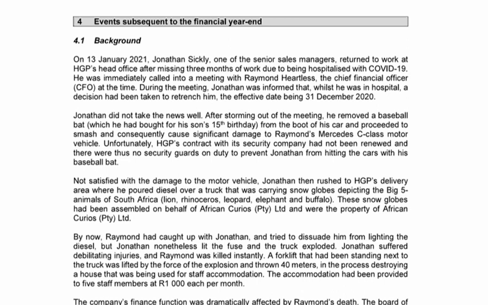So it says on 13 Jan, Jonathan Sickley, one of the senior sales managers, returned to work at HGP's head office after missing 3 months of work due to being hospitalized with COVID-19. He was immediately called into a meeting with Raymond Hartless, the chief financial officer at the time. During the meeting, Jonathan was informed that whilst he was in hospital, a decision was taken to retrench him, the effective date being 31 December 2020.